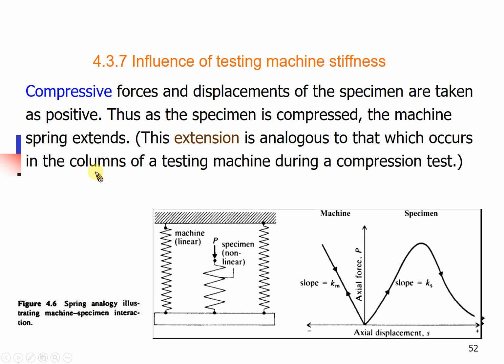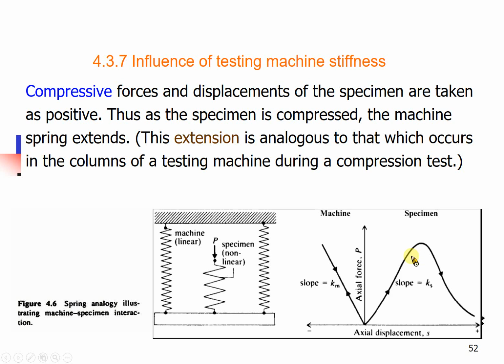When the actual displacement increases, the load will increase, right? Displacement increase, load increase. Displacement increase, load increase. To the peak stress, and then when the displacement increases, the load will start to decrease.